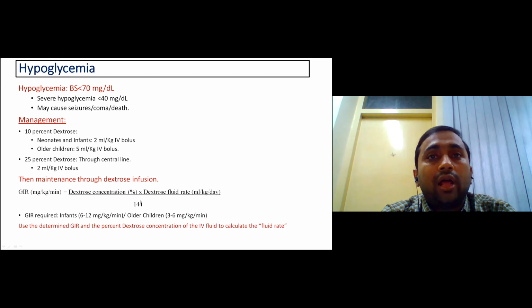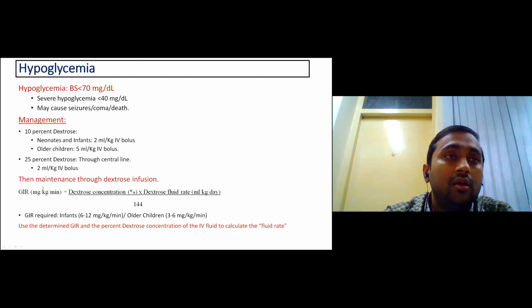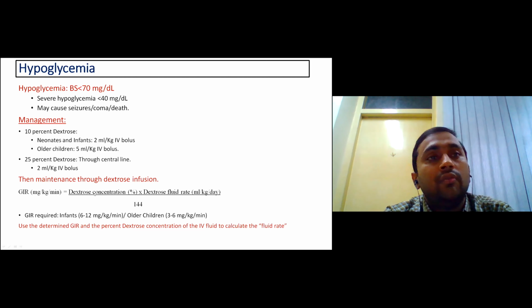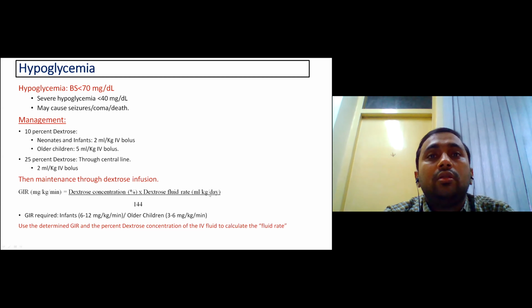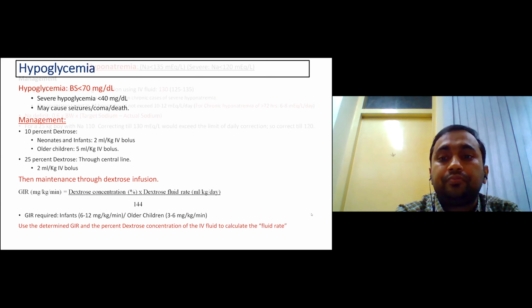For calculating this, we rearrange this formula. As we know the GIR, we use the determined GIR here, and we use the dextrose concentration, whether we are using 5% dextrose or 10% dextrose, and then we calculate and give the desired dextrose fluid as per this rate.